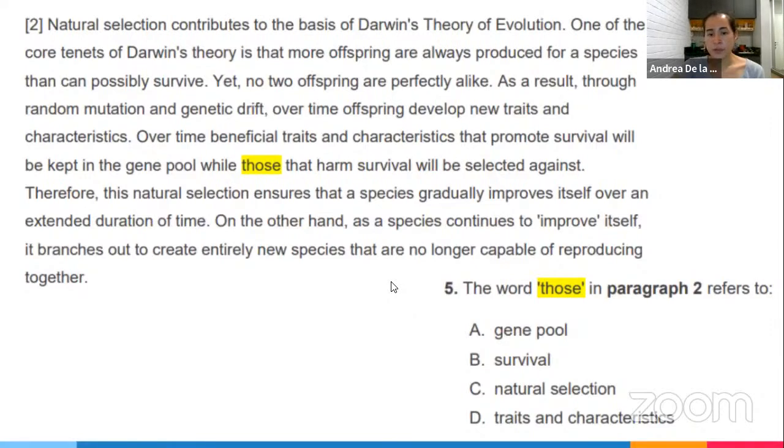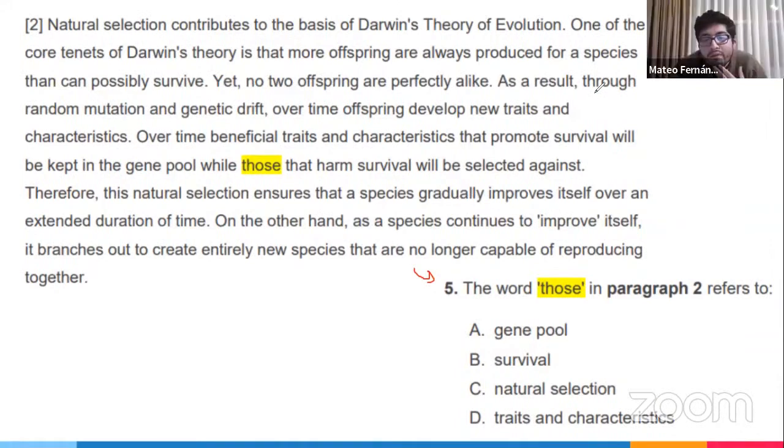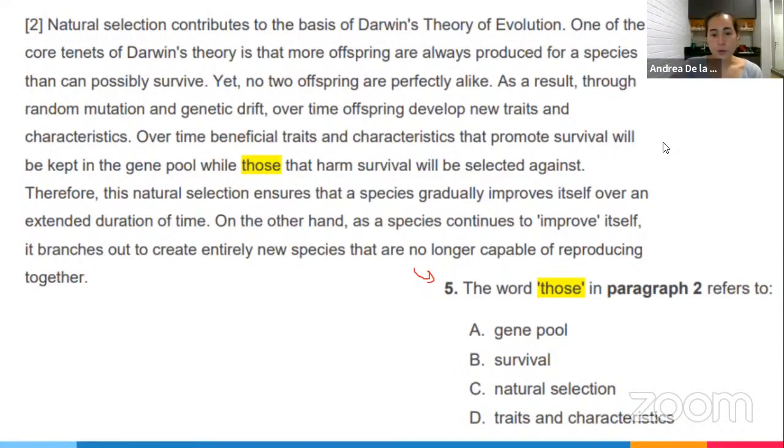Mateo, could you please read the question? Question number 5. The word those in paragraph 2 refers to. Right. Don't read the options because it's confusing. Remember, I think this goes for most of the questions. Better not to read the options first. It's better to first find your answer on your own and then compare it with the options.